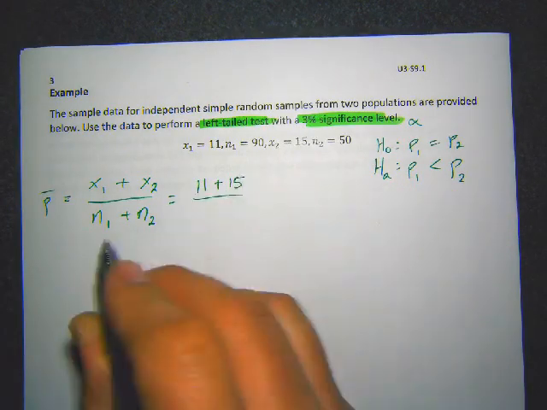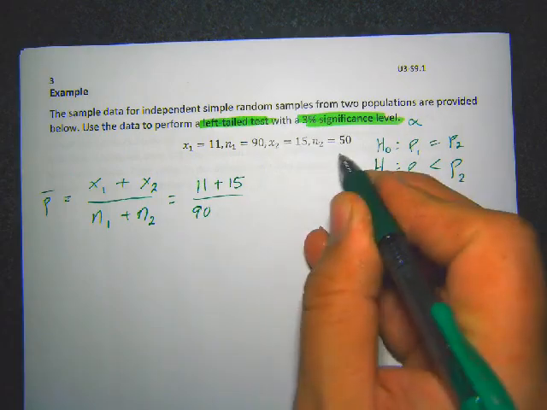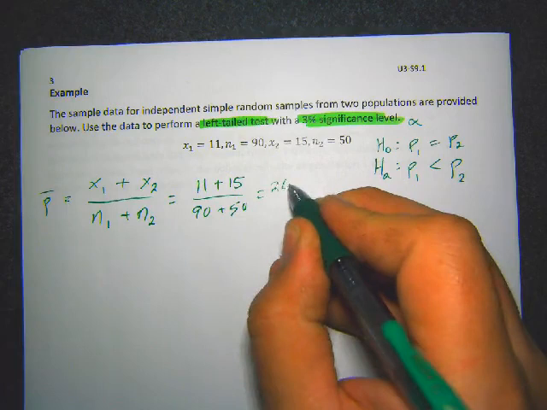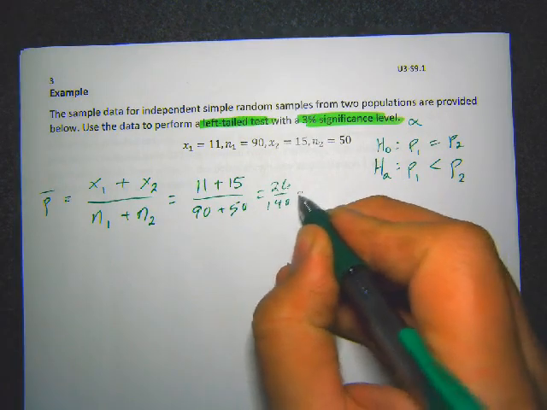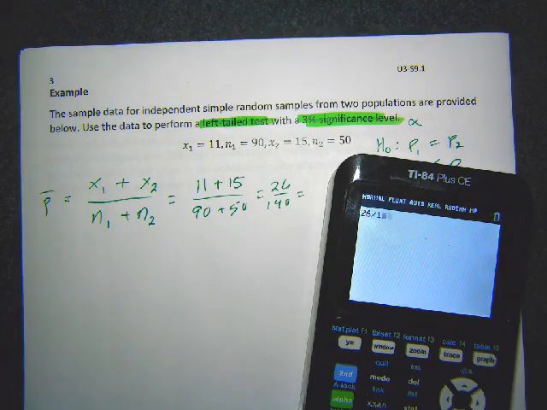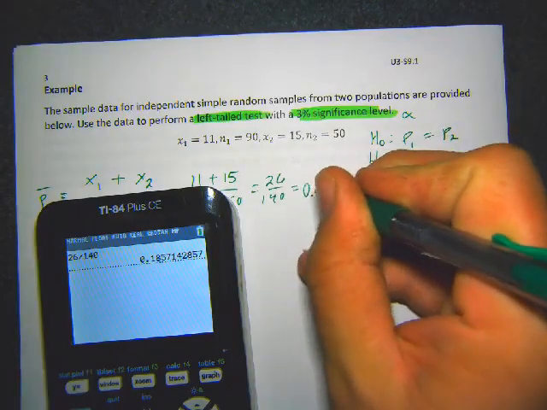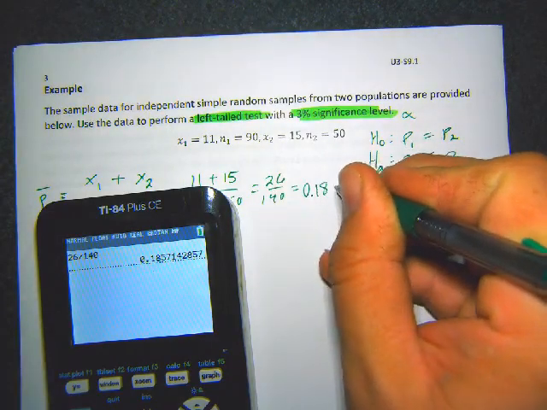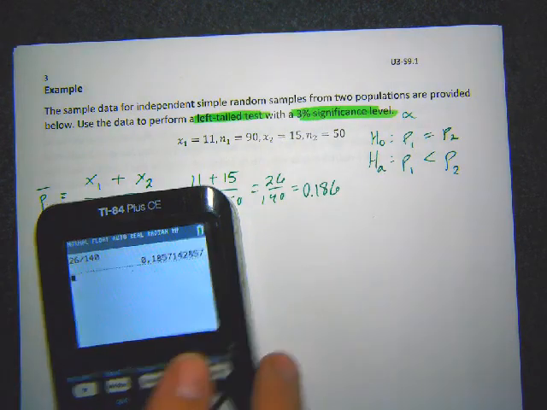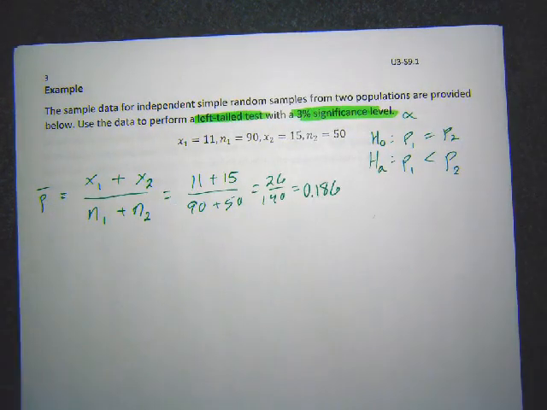On the bottom, n1 is 90 and n2 is 50. So we get 26 over 140, which gives us 0.186, or about 18.6%. That's our pooled proportion.